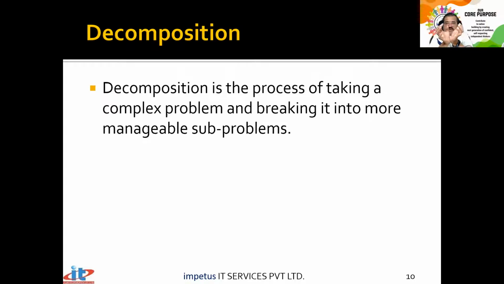So now we can assign one task of sales management to one team. You can assign another task of production management to another team. You can assign another task of accounts management to another team. But if you assign the entire task to one team or one fellow, they will get lost. But if you decompose it, then that sales team or the developers who are working on sales don't have to bother about how accounts is working.